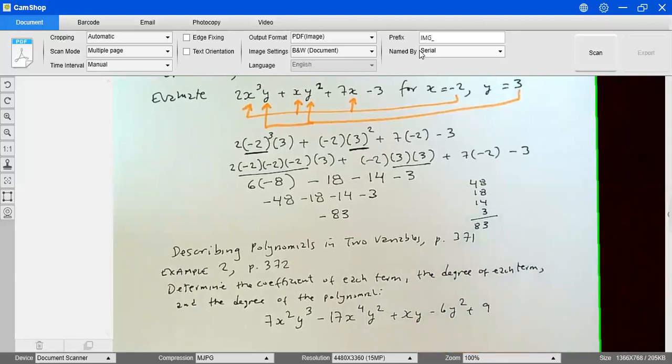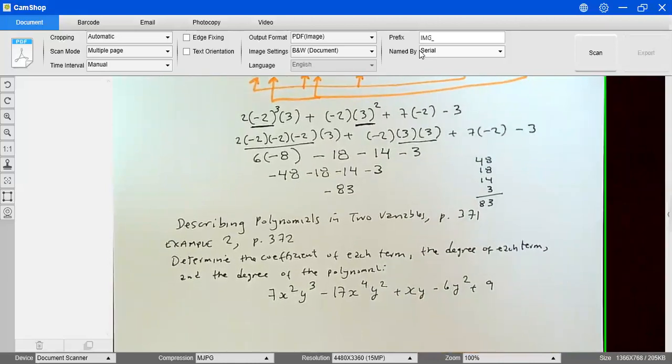So this is my polynomial in two variables. So the variables are x and y. So we're gonna write every term vertically now.